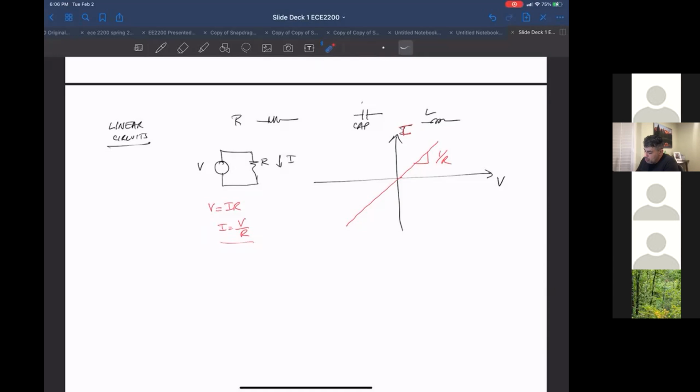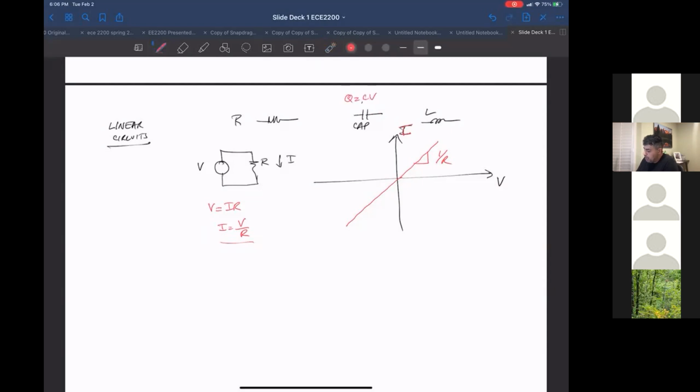No matter what I do, if I go forward or I go backwards, it's a linear relationship. There's also a linear relationship between the voltage and the charge across a capacitor. This is Q is equal to CV.